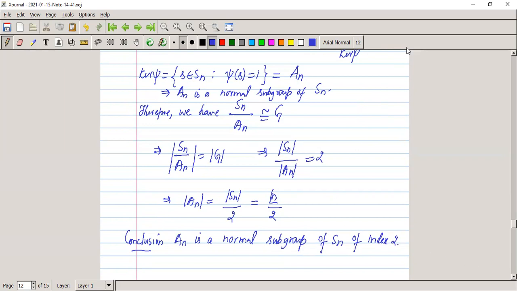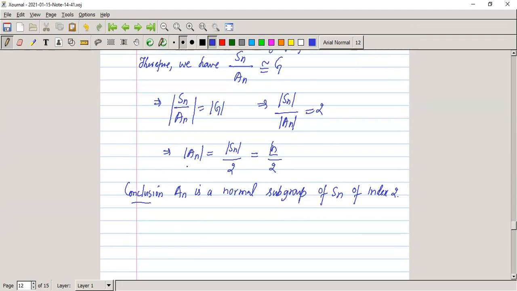With this, we further want to add that the subgroup An is called the alternating group. So the alternating group is the group of all even permutations, and it is the normal subgroup of Sn, where Sn is the symmetric group on n symbols. So with this we conclude this lecture.